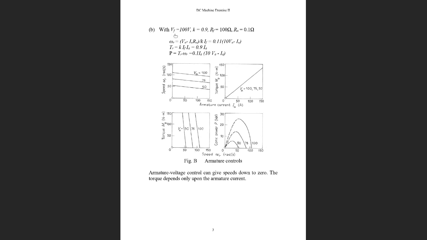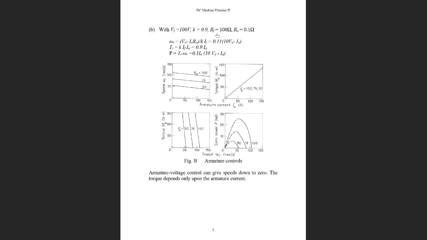So here the field voltage is given as 100 volts, and the inductance coefficient is given as 0.9. The field circuit resistance is 100 ohms, and the armature resistance is given as 0.1 ohms. The motor speed, armature current, and armature voltage relationships are given here, and the motor's developed torque in relation to the armature current, because the field current is already given.